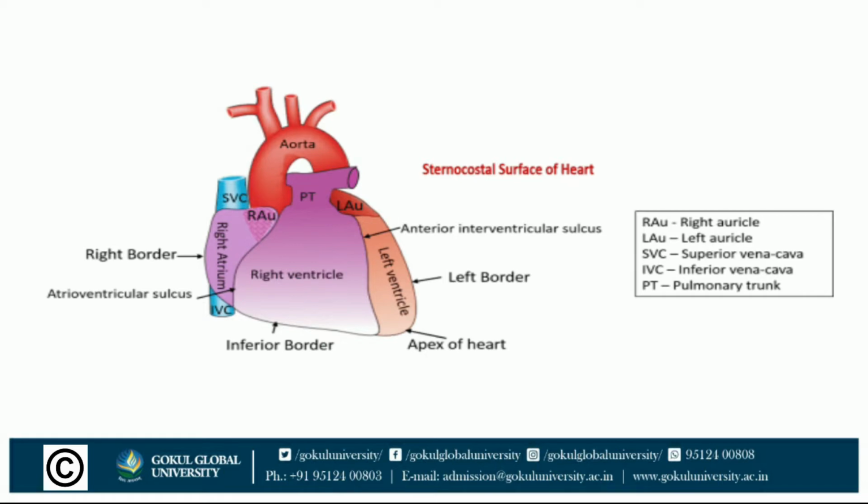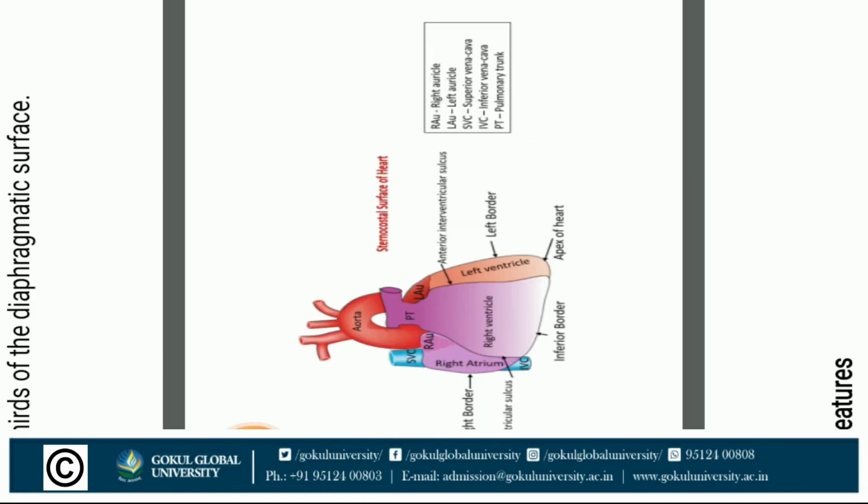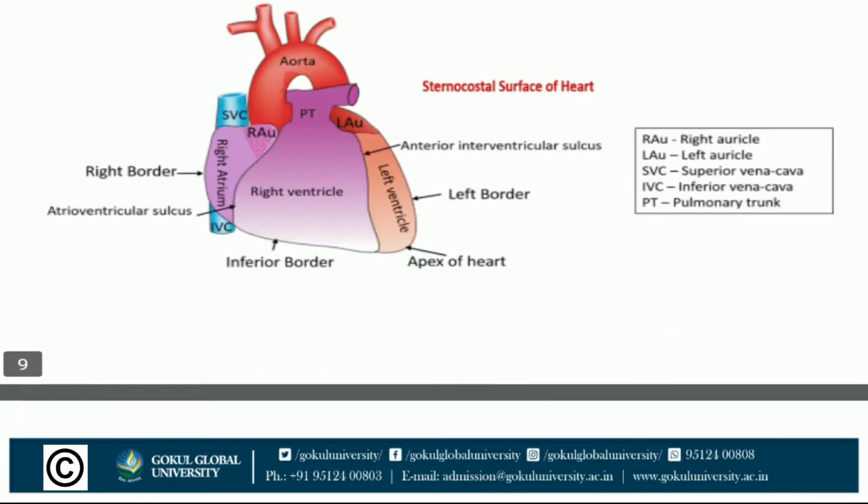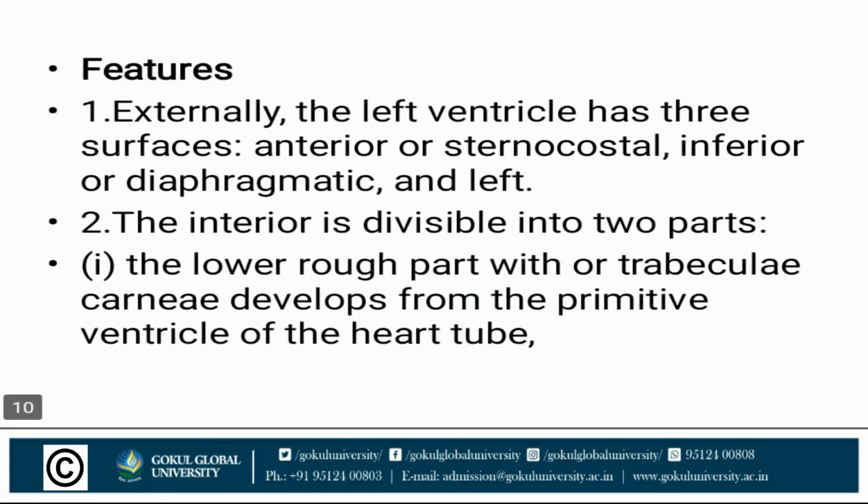In this diagram you can see the left ventricle receives oxygenated blood from the left atrium and pumps it into the aorta, and it forms the apex of the heart, part of the sternocostal surface, most of the left border and left surface, and left 2/3 of the diaphragmatic or inferior surface.